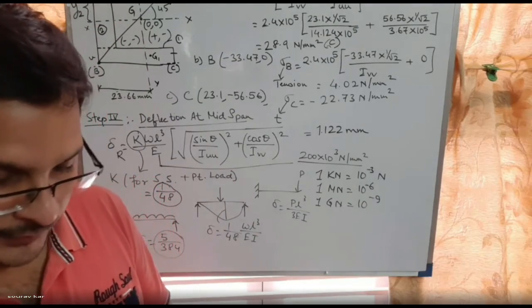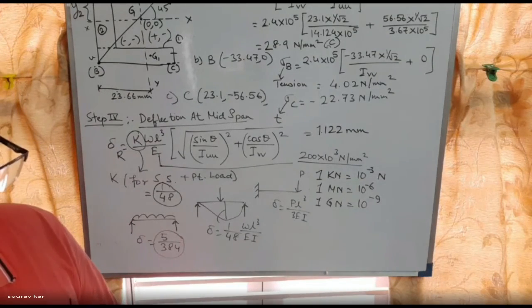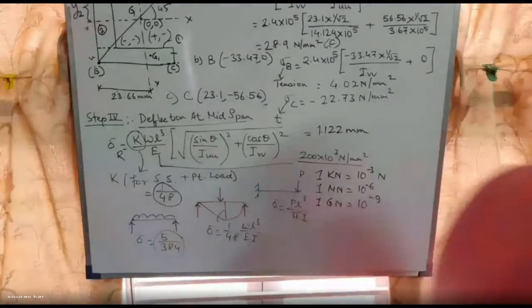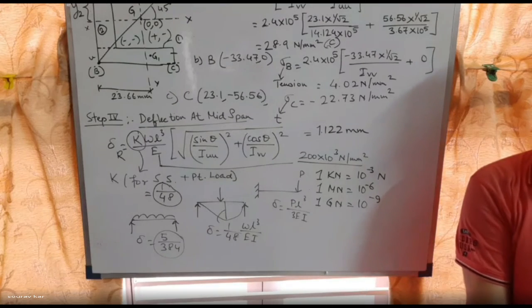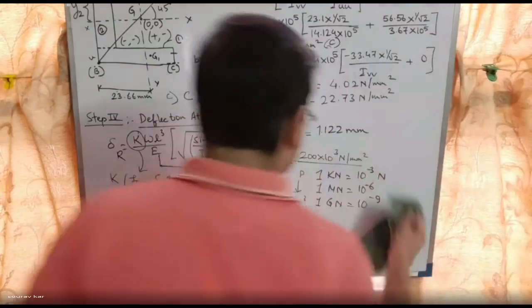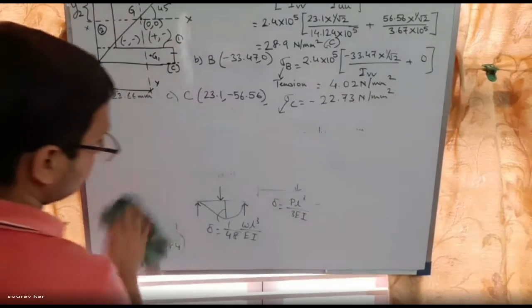Then you need to find out the location of the neutral axis, that is tan beta. After finding this out, you can find the location of the neutral axis.